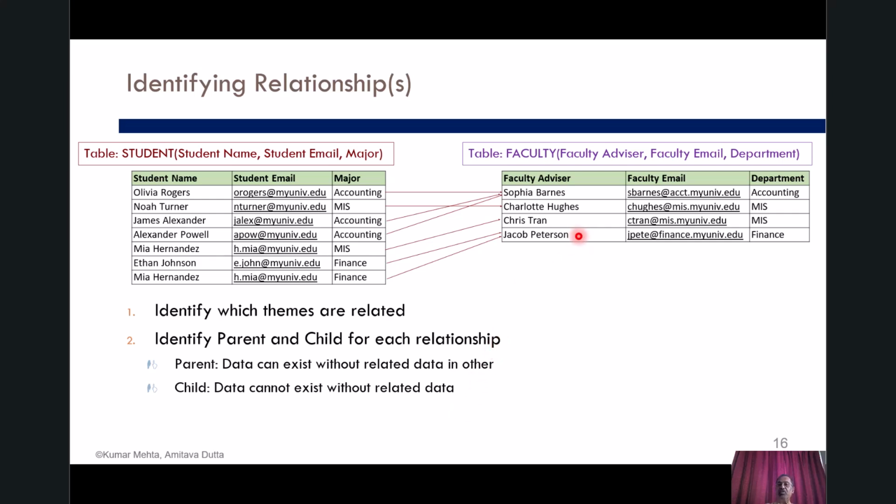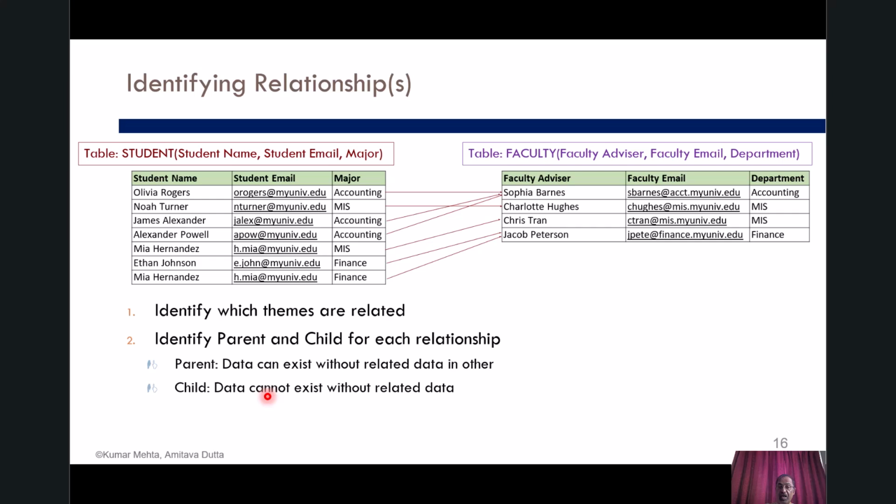It means that you could have, in this particular situation, knowing what I know about how universities work, and here again, a little bit of domain knowledge is important, I can see that one faculty member can advise multiple students, and there could be a faculty member who does not have an advisee yet. That tells me that the theme called faculty is a parent. A parent can exist without related data, meaning you could have a faculty member who is potentially an advisor, but at the moment doesn't have any advisees.